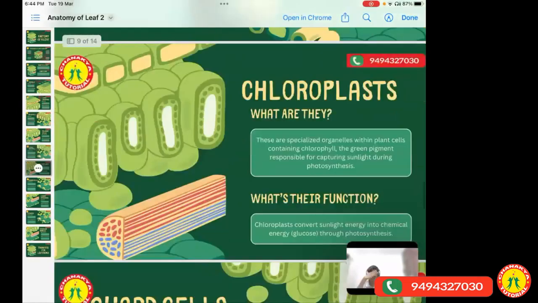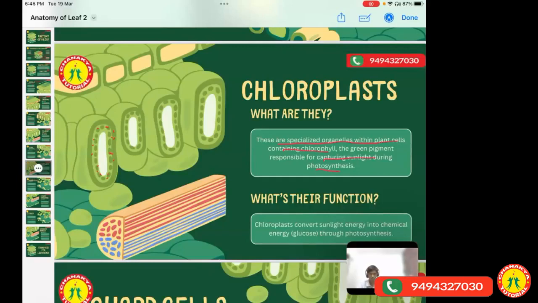Then coming to the next one, the chloroplasts. These small green structures you can see in the mesophyll cells are specialized organelles within plant cells containing chlorophyll. They have the chlorophyll inside them, the green pigment, which is responsible for capturing sunlight during photosynthesis. So the capturing of sunlight is done with the help of the chlorophyll and the chloroplast.